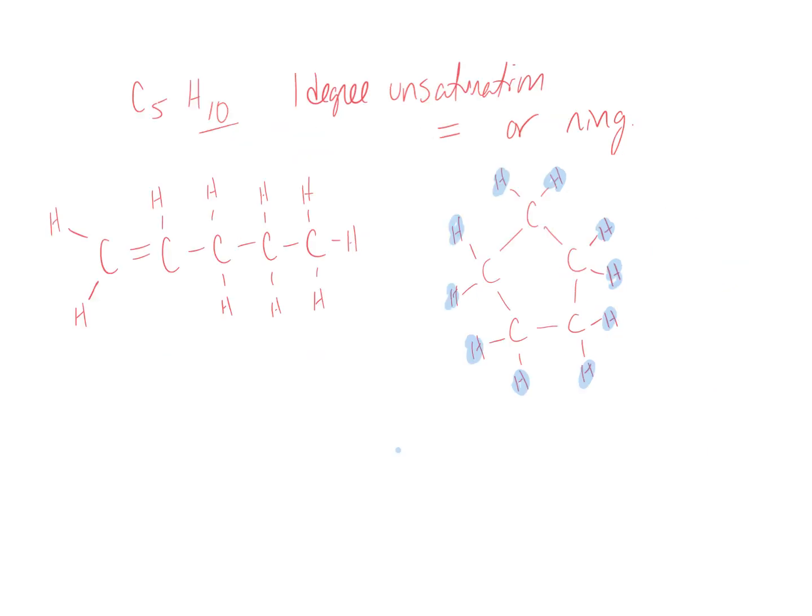So from this point forward, every time that you have 1 more degree of unsaturation, what's going to happen is you're going to either add a double bond or take a double bond to a triple bond, or you're going to form a ring. And those are the 2 methods.